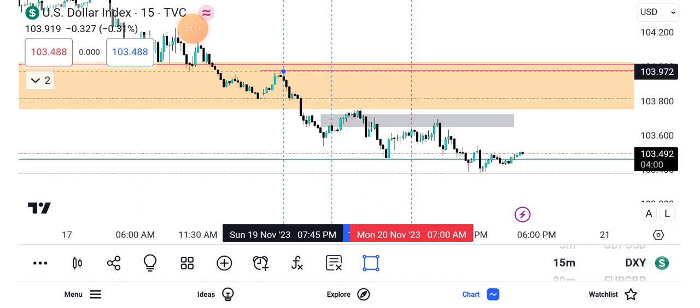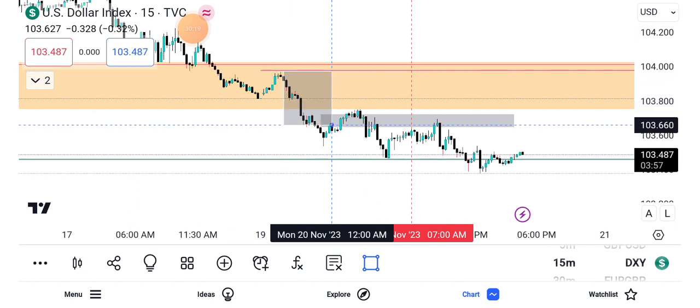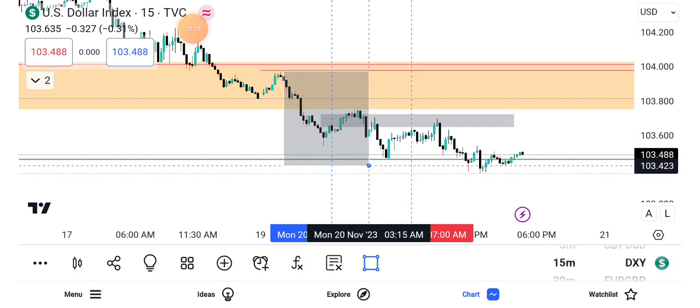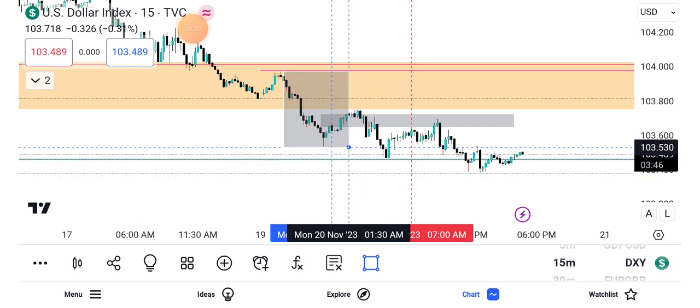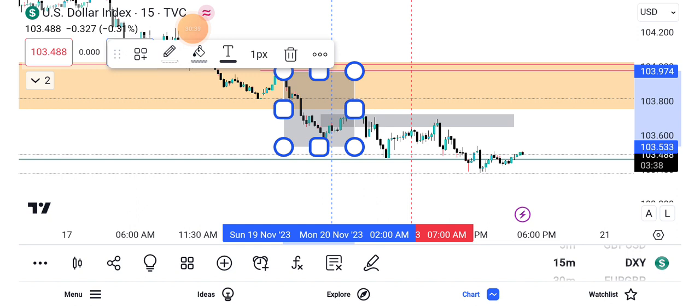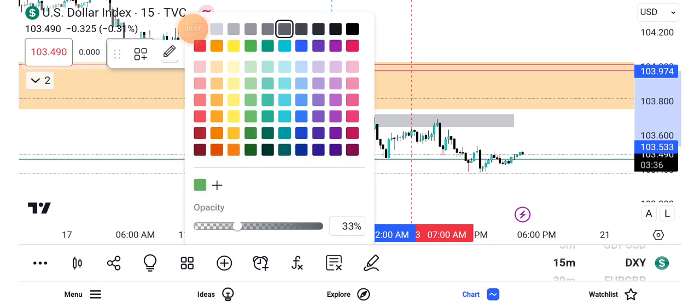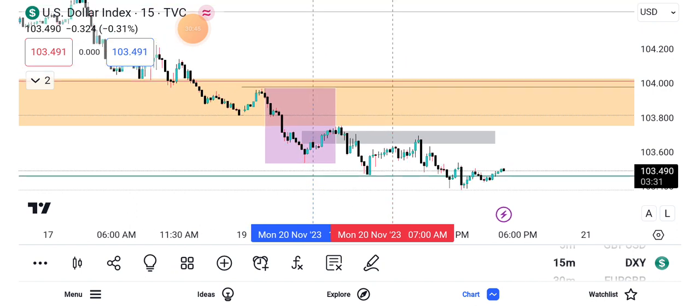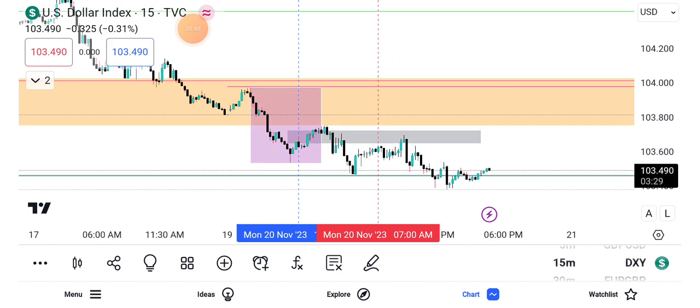So take this high to 12 or to 2 a.m. We have that range that represents the Asian range.